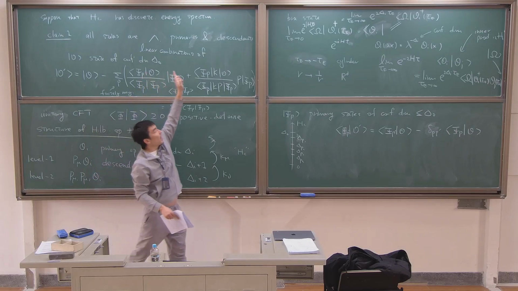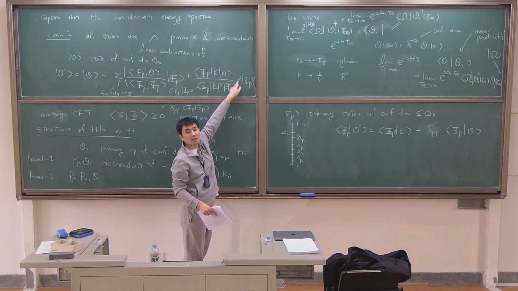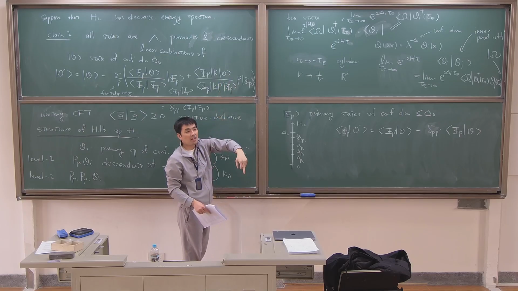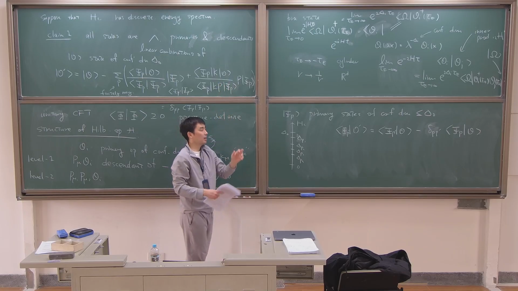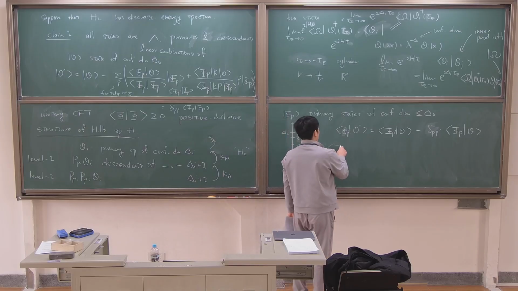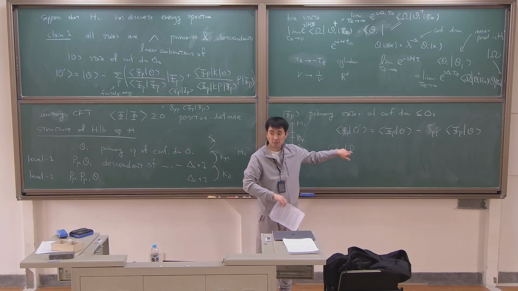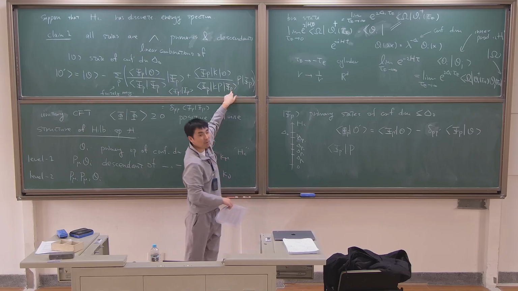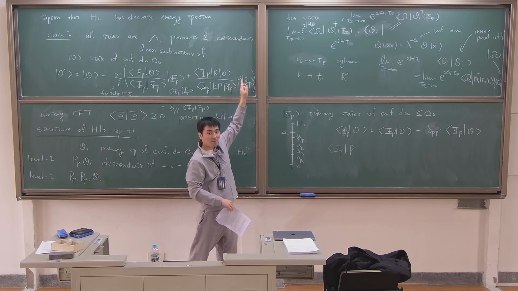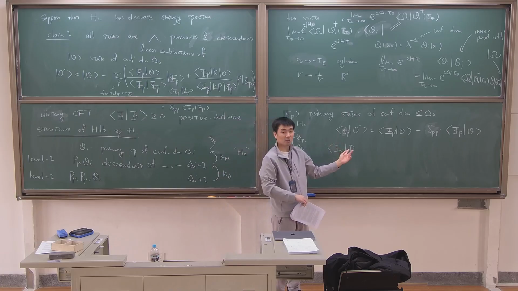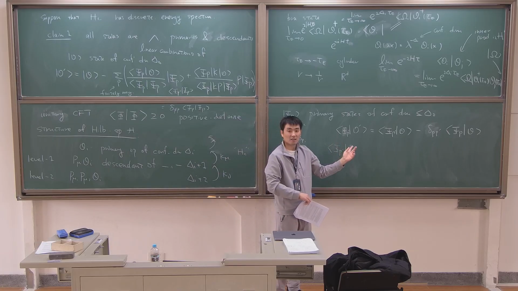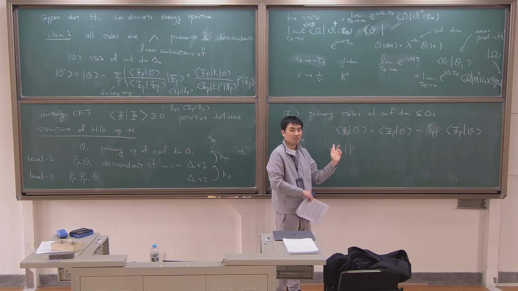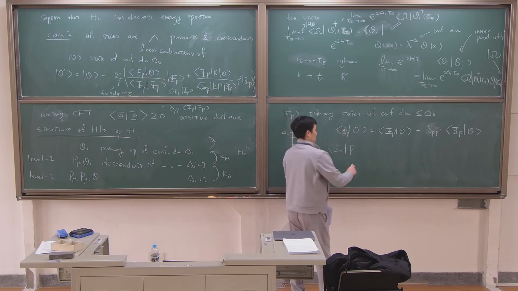And if you act with psi_P prime on here, P acts on the primary. So this is psi_P prime with P, where P is a momentum, of course. The subscript P is the primary label, and this P is the momentum P. P acting on the primary on the left is 0.